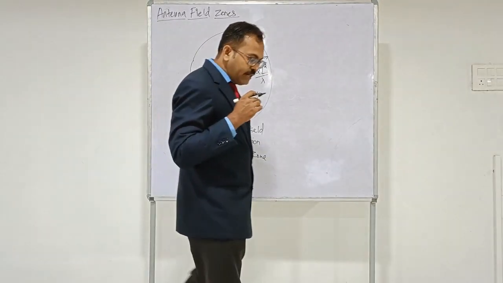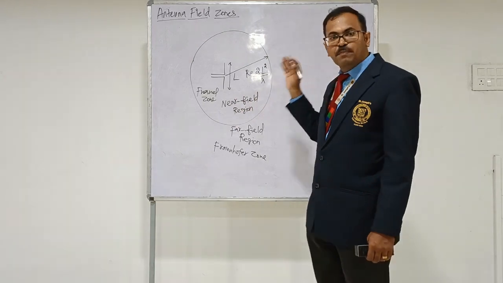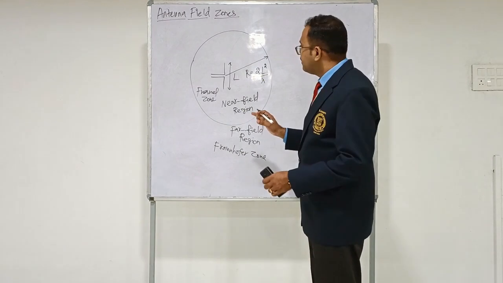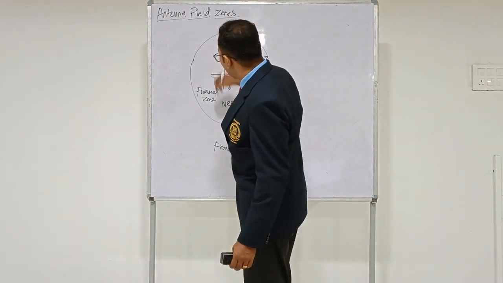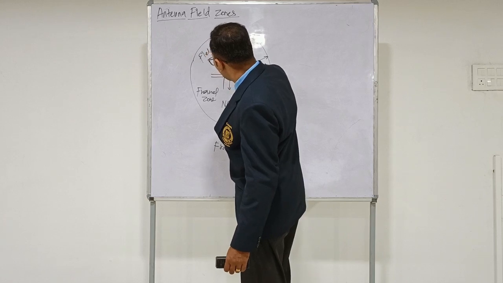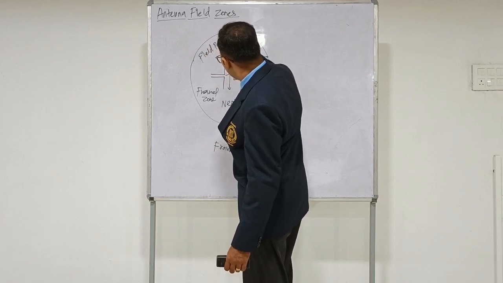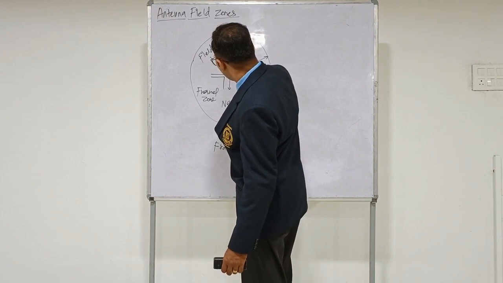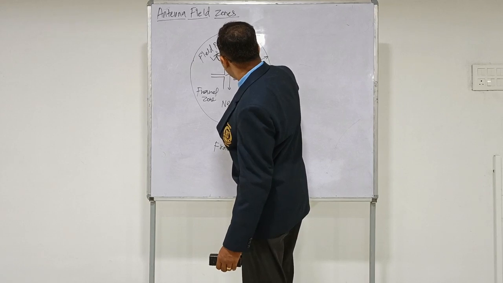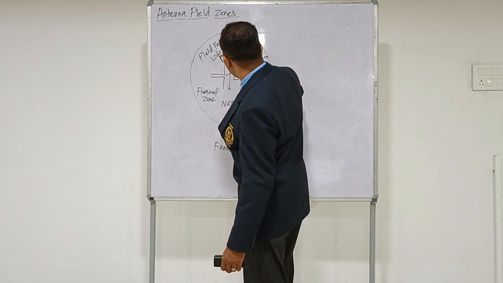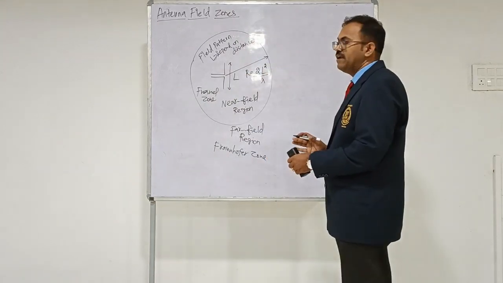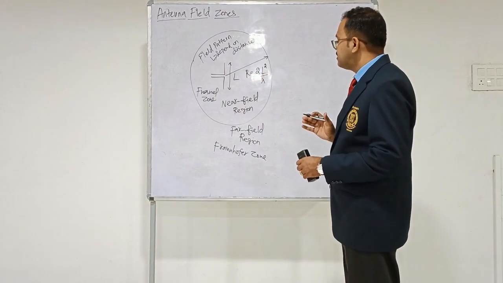So why is it necessary to divide the space around the antenna, right? So if you consider the near field region, your field pattern, okay, here your field pattern will depend on distance. Within this region, field pattern shape will depend on distance.